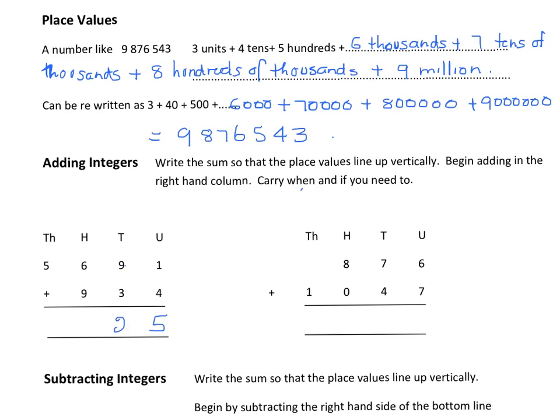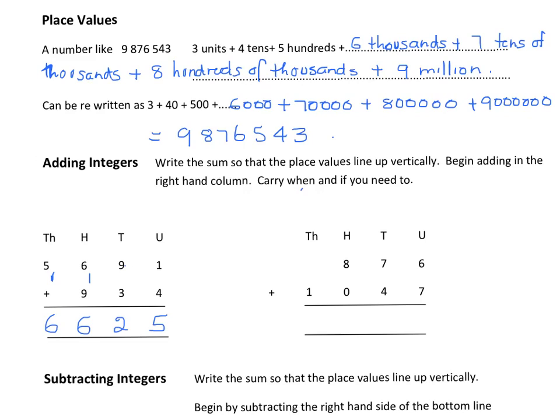The 2 is a 10, and the 1 in the 12 is actually 100, so we carry it into the hundreds column. Now we add up all of the digits in the hundreds column. 9 and 1 is 10, plus 6 is 16. The 6 is 100, but the 1 in front of it is 1,000, so we carry it into the thousands column. Now we can add the digits in the thousands column. 5 plus 1 is 6.